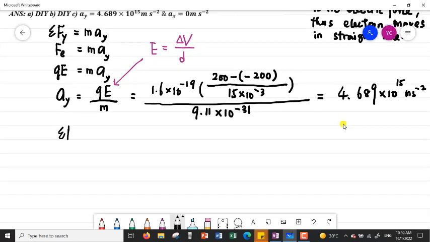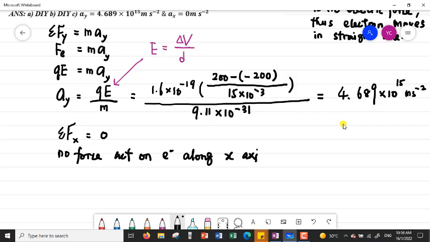So the summation of force along the x-axis is equal to 0. No force acts on the electron along the x-axis. X-axis means horizontal, secara horizontal tidak ada force bertindak ke atas elektron tu.